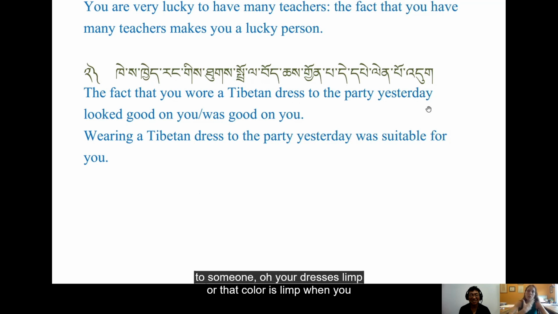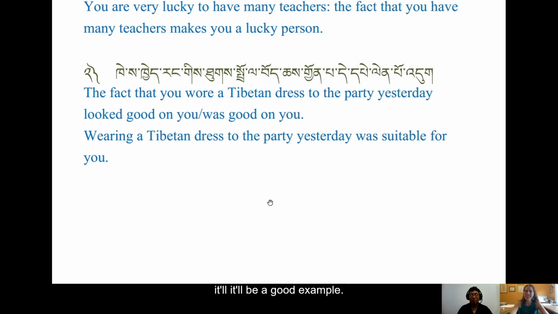It means it matches well with your complexion. It makes you look good, okay? So at the end of the sentence, we're saying, that looks very good on you. The fact that you wore a Tibetan dress, Tibetan attire or outfit, to the party yesterday, okay? So this is how you can understand this, and maybe it'll be a good example.